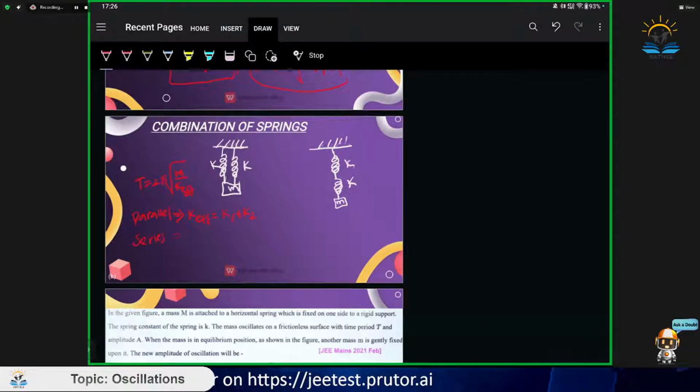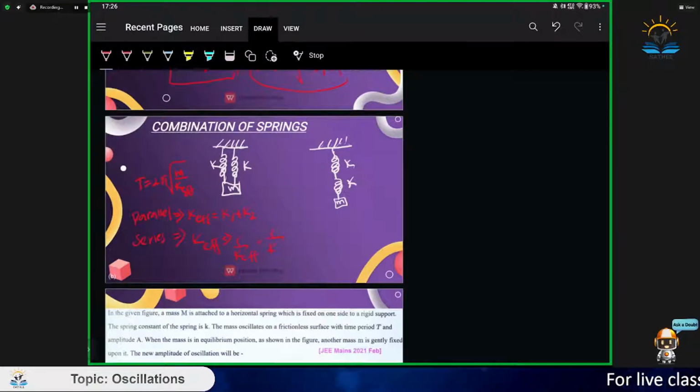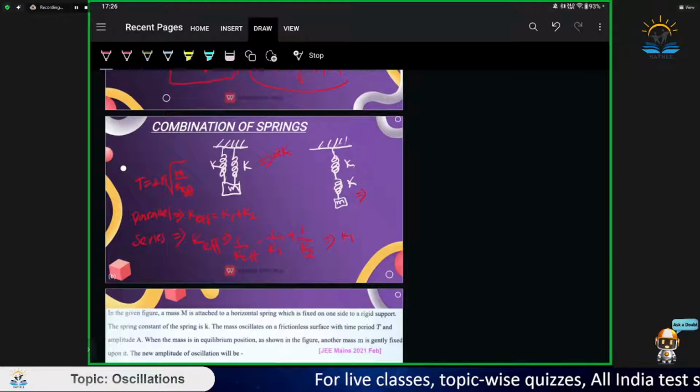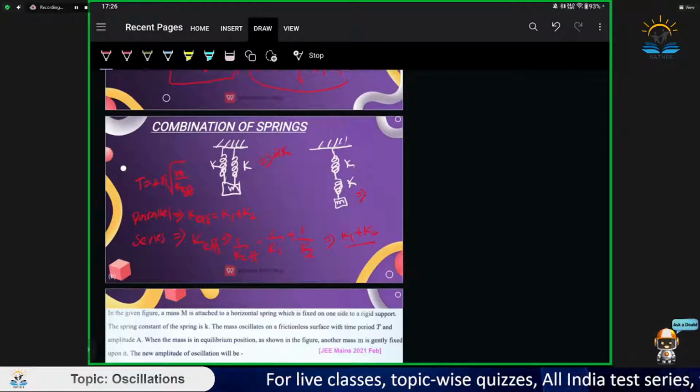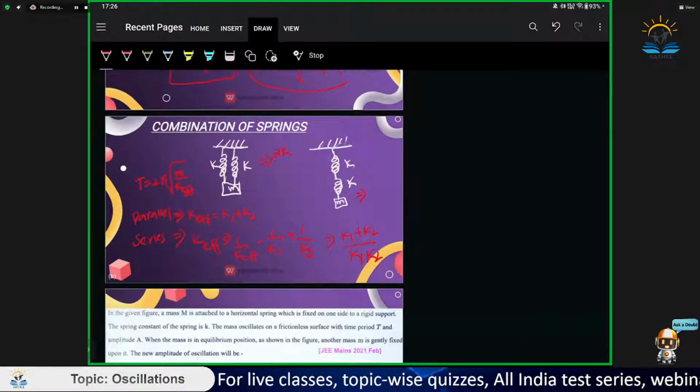And for series spring connection, 1 by K effective will be 1 by K1 plus 1 by K2. Right. So here how much will the effective be? This is a parallel connection, so 2K.